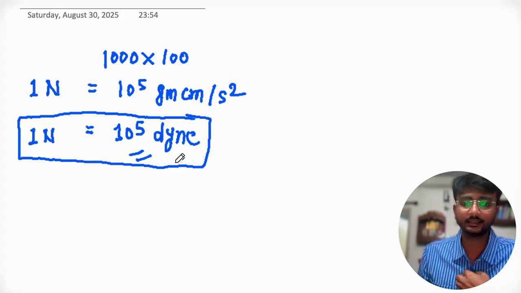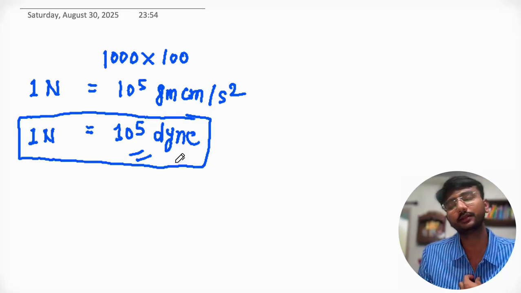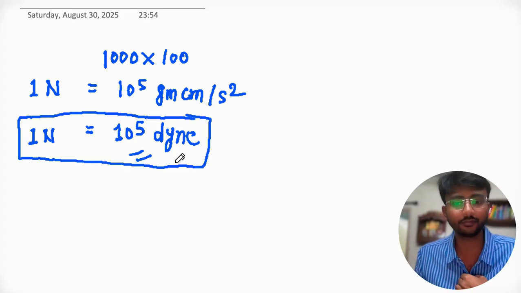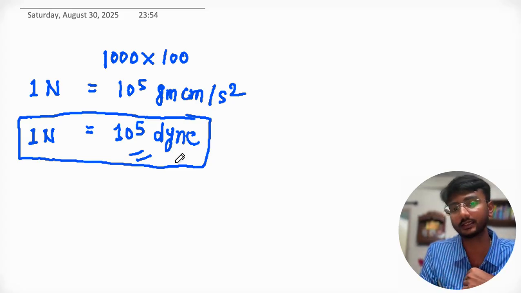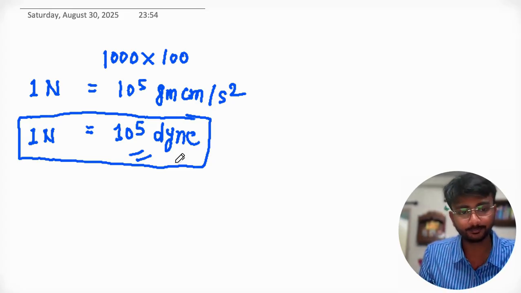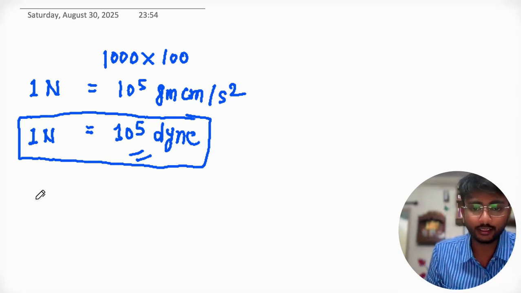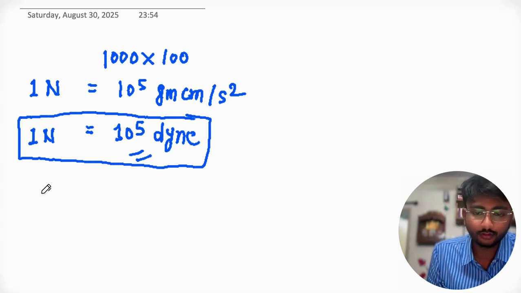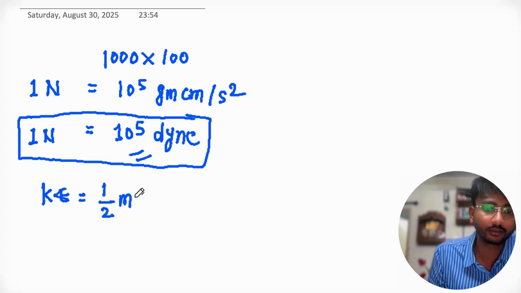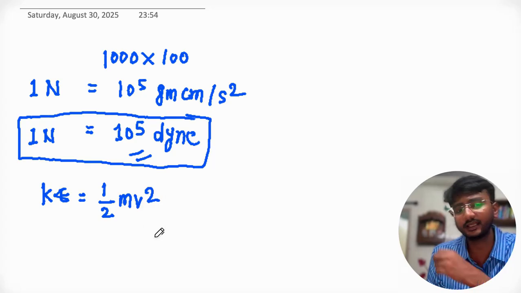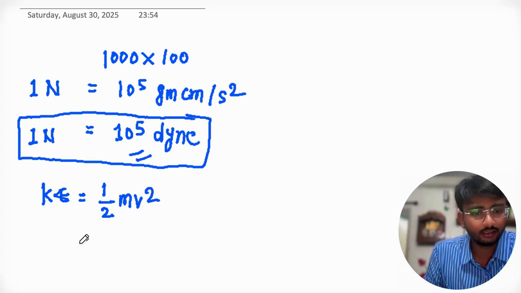Now let's understand how we can change. You know that SI unit of energy is joule, right? So now we have to change this into CGS system. So let's understand. Kinetic energy equals what? Half mv square. And we can represent any kind of energy in joule, right?